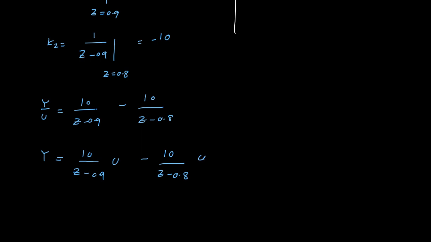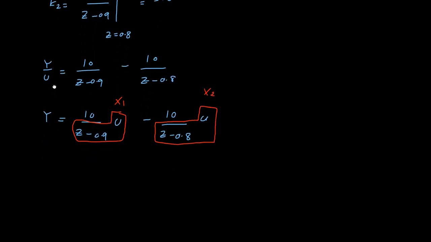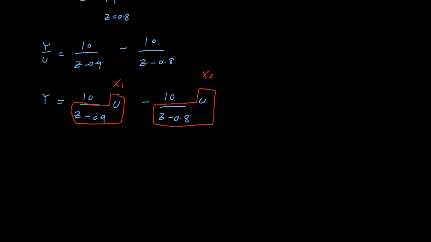So now we can take the u with the first root as the first state variable, and we can take the u with the second root as the second state variable. So here now we can write y is equal to 10 x1 minus 10 x2.